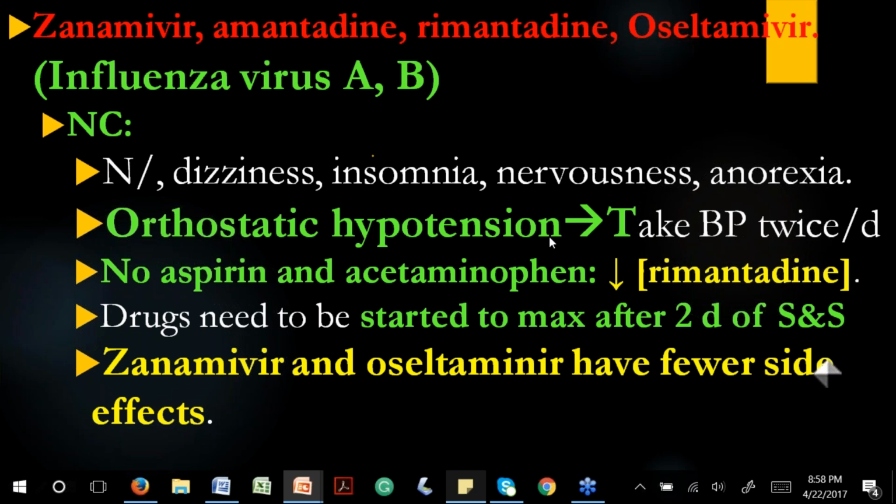Besides how to move the patient, you need to take the blood pressure at least twice a day. We will not give aspirin or acetaminophen. Kids less than 18 years old, if they have fever and suspected virus, don't give aspirin, nor acetaminophen. Why? Because they can produce what we call Reye syndrome.